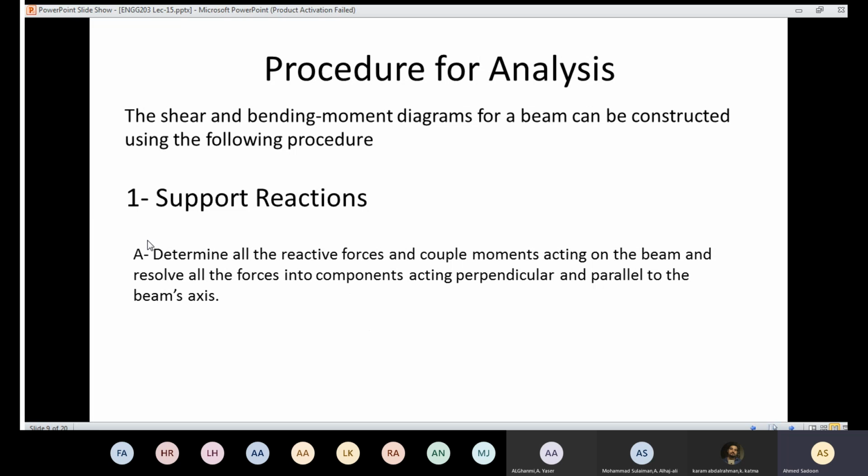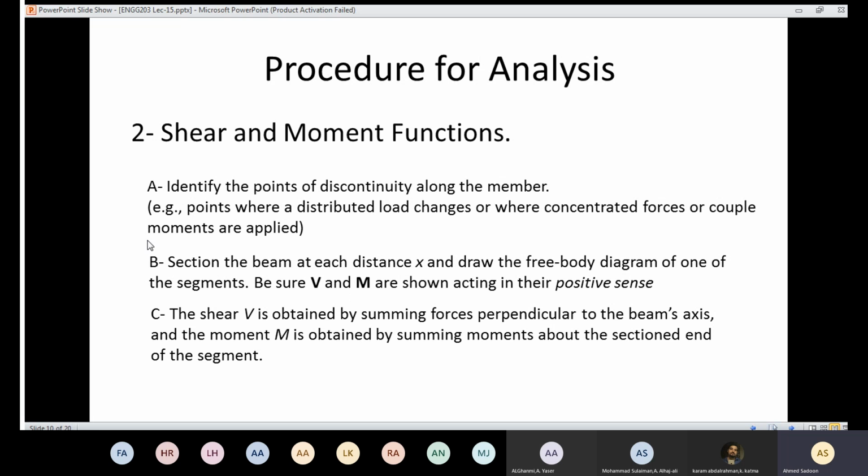And we learned from the previous lectures how to determine the support reactions. So we need to draw the free body diagram, replace all the supports by reactions, and then apply the equations of equilibrium in order to find the unknowns.